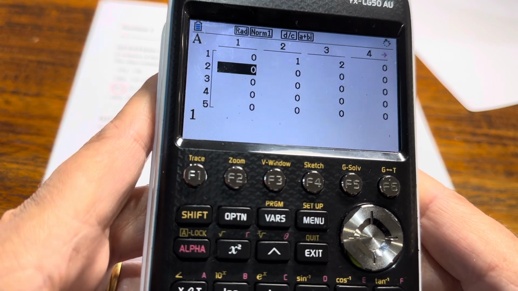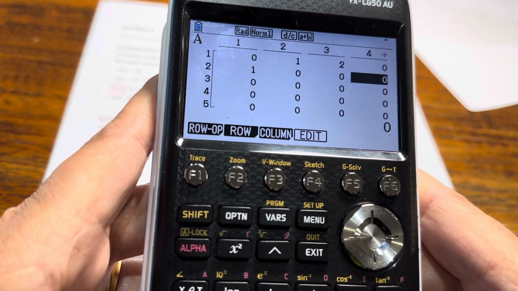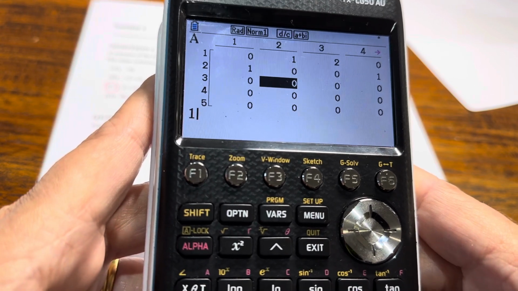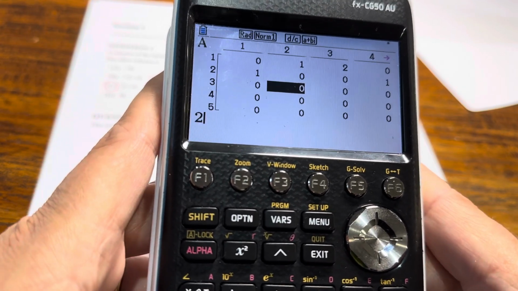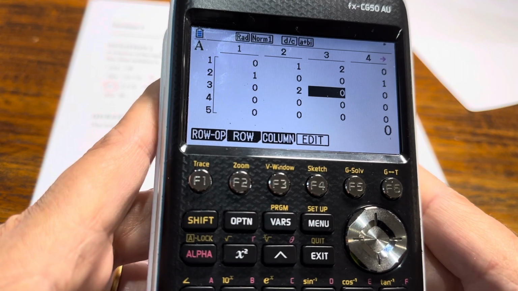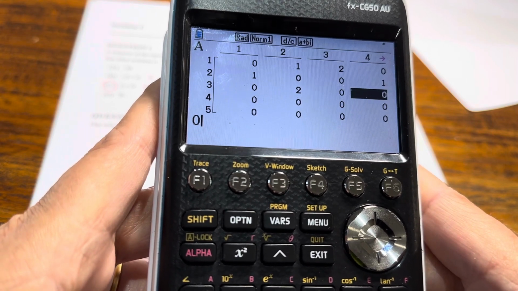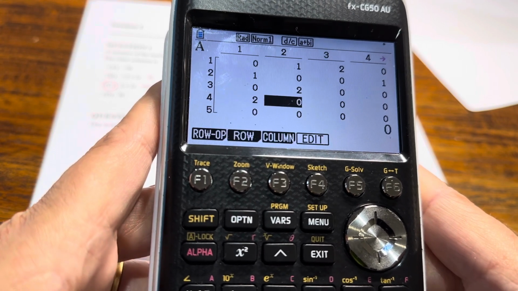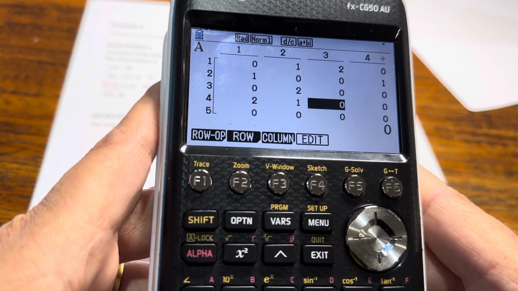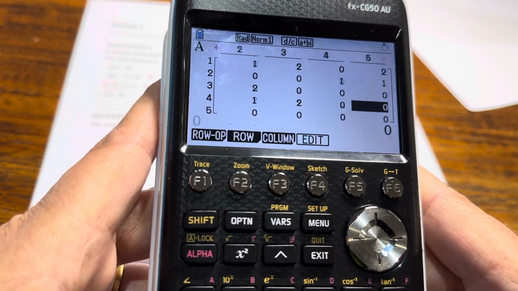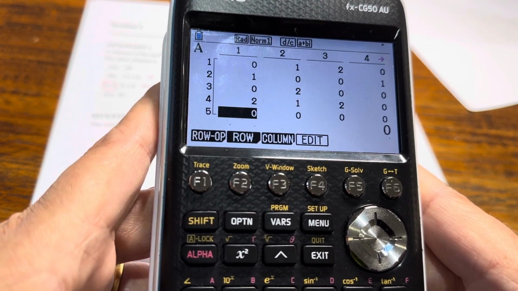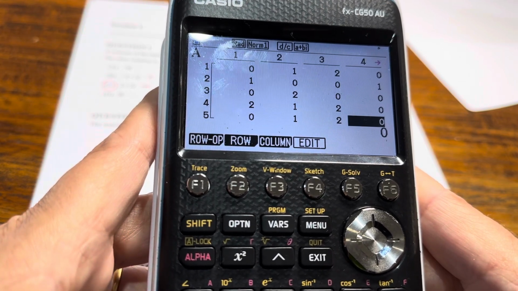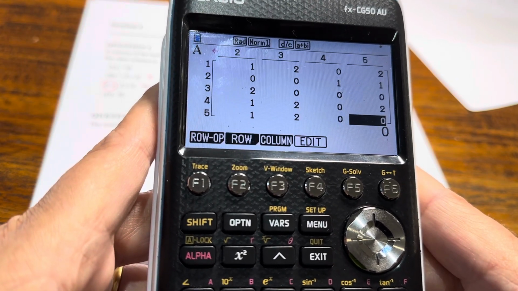Then the next row is 1, 0, 0, 1, 1, 0, oops, 2, 0, 0, 0. The fourth row is 2, 1, 2, 0, 2. And our last row is 0, 1, 2, 0, 0.